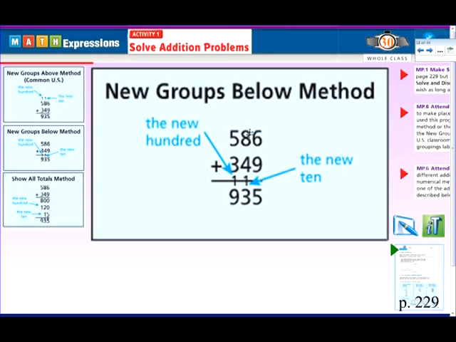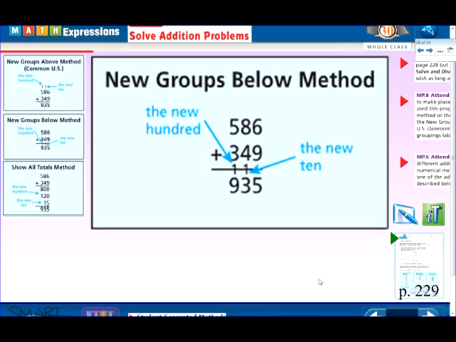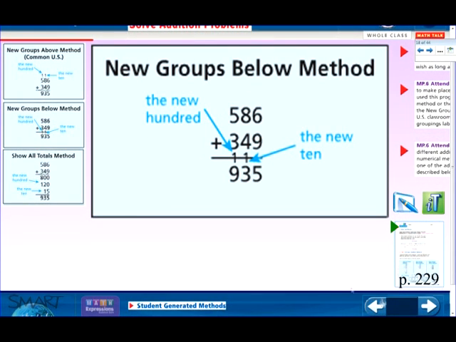So now when you go to do it, it's 8 plus 4 equals 12 plus 1 more equals 13. And 13, with that extra 100, goes right there. So the new 100 goes right on the baseline. And so you go 5 plus 3 plus 1 equals 9.